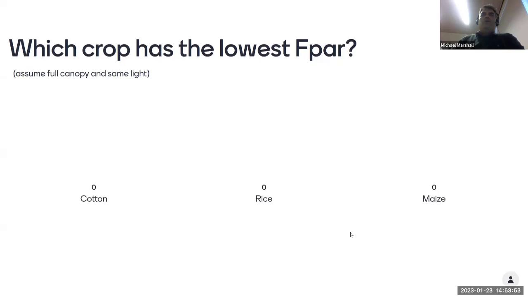Why does cotton have the lowest fraction of photosynthetically active radiation, fPAR? Anybody willing to give an answer? Alternatively, can somebody give an answer why they wrote rice?